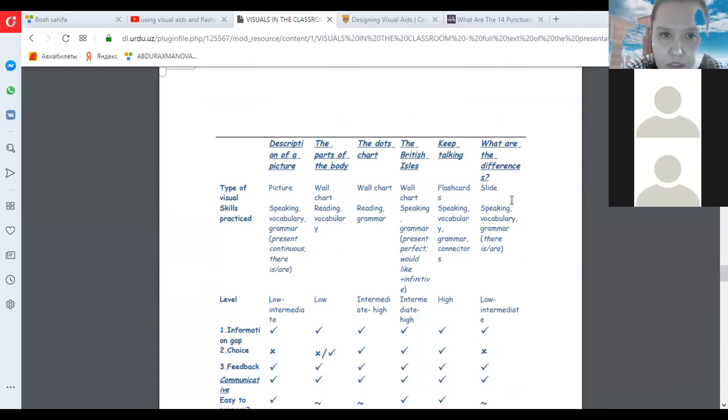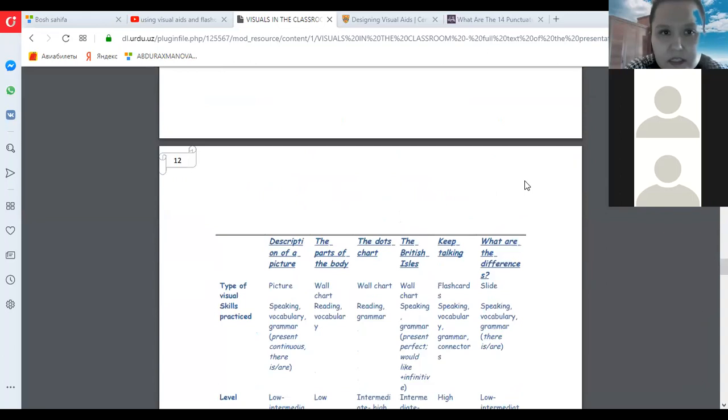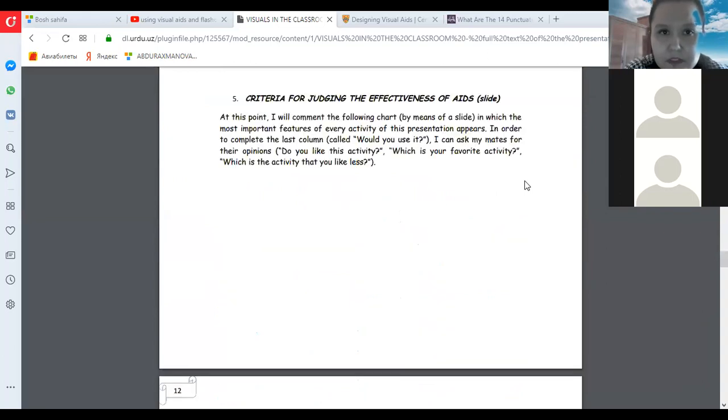Description. So, description of a picture, the parts of the body, the dots chart, the bridge isles, keep talking, what are the differences? This is criteria for judging the effectiveness of aids.